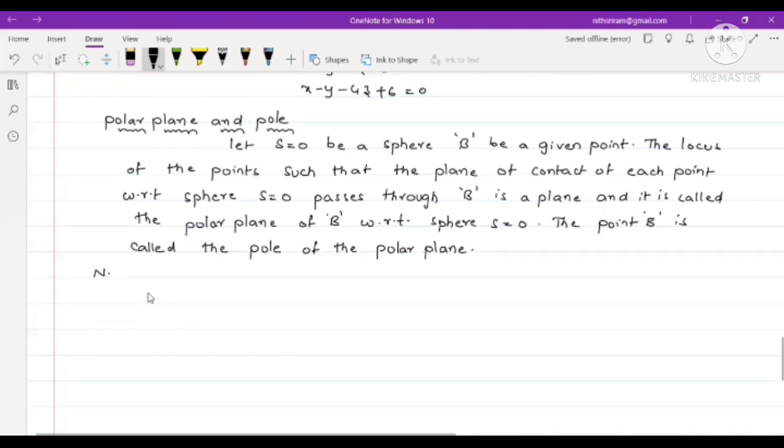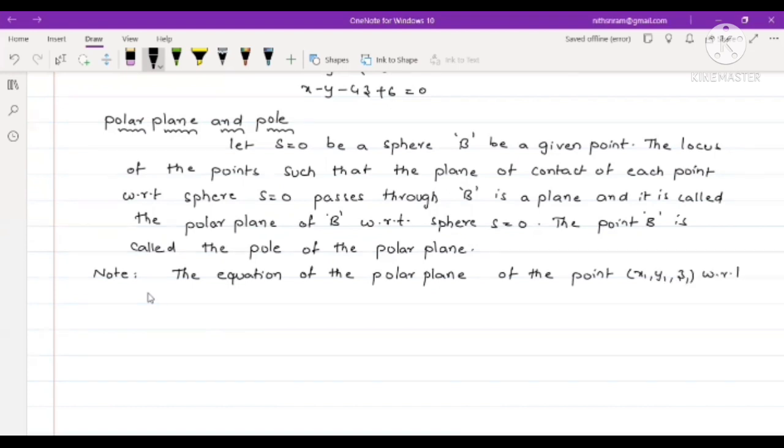Note: the equation of the polar plane of the point x1 comma y1 comma z1 with respect to the sphere S is equal to 0 is S1 is equal to 0.